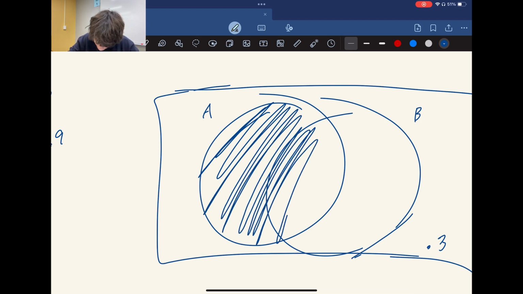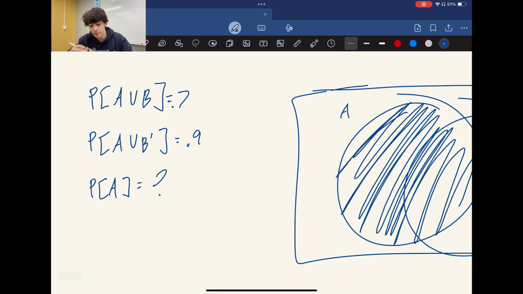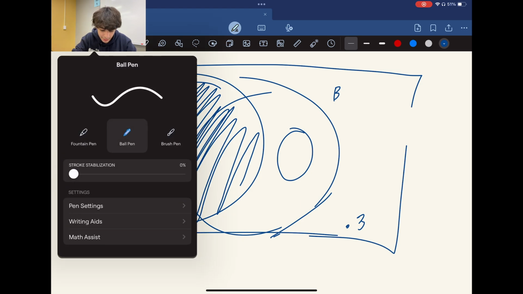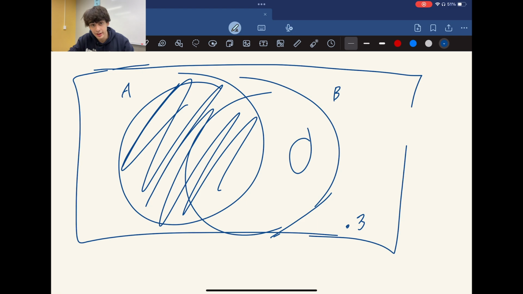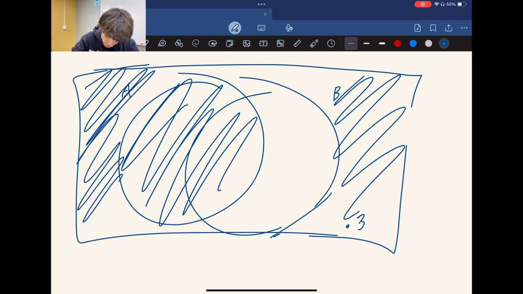This whole circle is A, so it's anything that is just A or A in union with B. And then they're saying that this set A is being put in union with the set B complement, which is everything that is not B. So this is B, so we can't include that in the set. The intersection of A and B is included in set A, so we're going to keep that. But what is new is everything on the outside. So all of this is equal to 0.9.